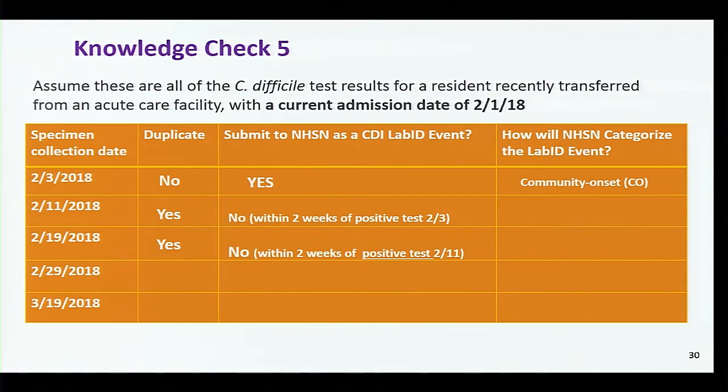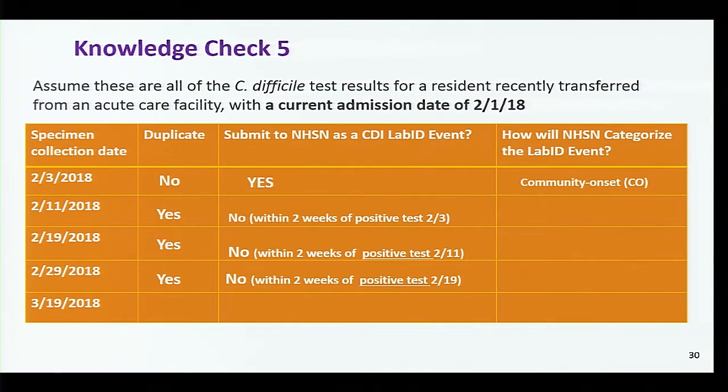Another specimen is collected on February 29th. Is this a duplicate? Very good. So the resident had a previous positive 9 days beforehand. And should you submit this to NHSN? No. And then the resident has another specimen collected on March 19th.